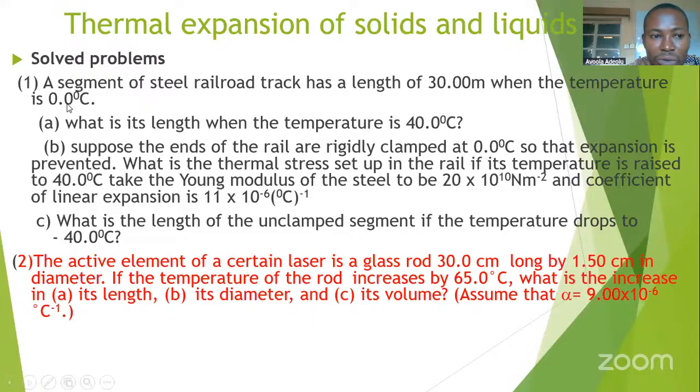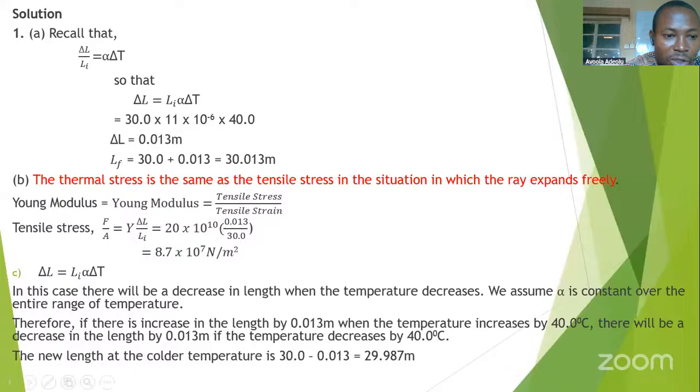The track was at 0.0 degrees Celsius, and the temperature drops to minus 40 degrees Celsius. So the change in temperature is still 40. So you get the same change in length. That is, your delta L will be the same as what you have here. But instead of adding it to the original length, you will now subtract it, as I've done here.